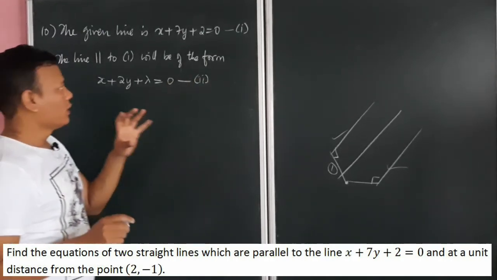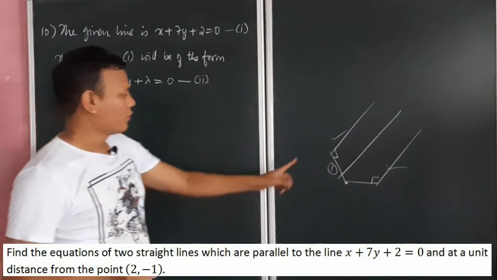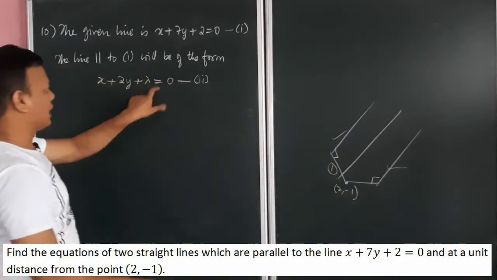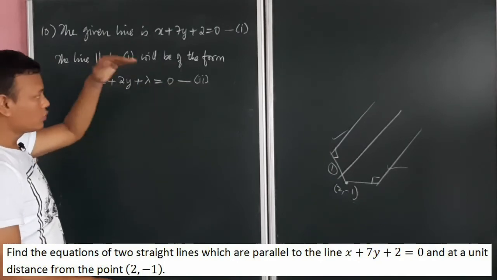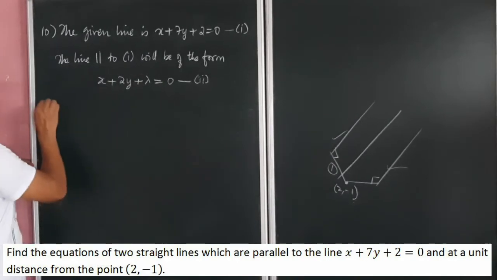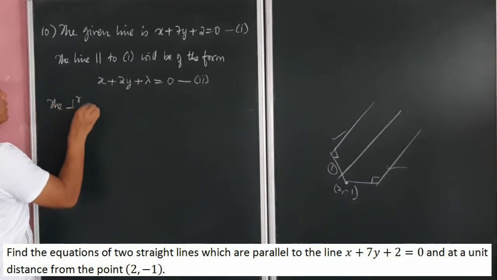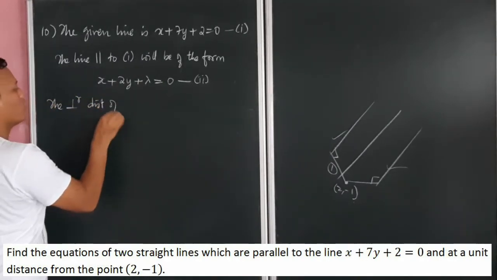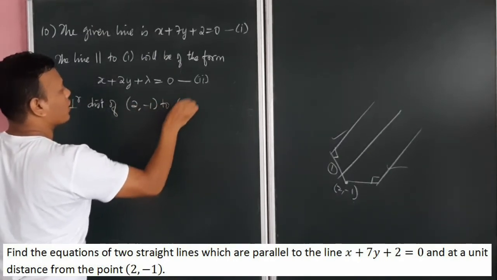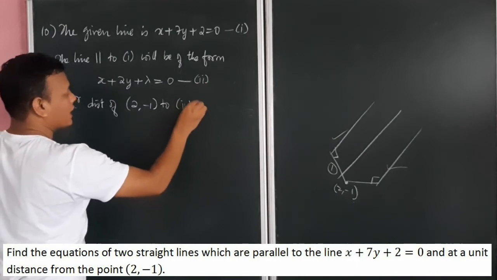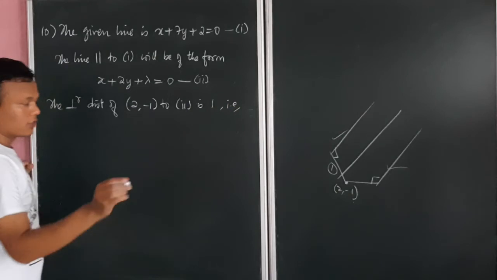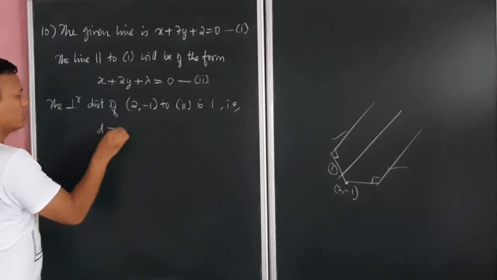Now it is given that the distance of the point 2 comma minus 1 to this parallel line is 1. So the perpendicular distance of 2 comma minus 1 to this line 2 is 1. That is, d is given to be 1.